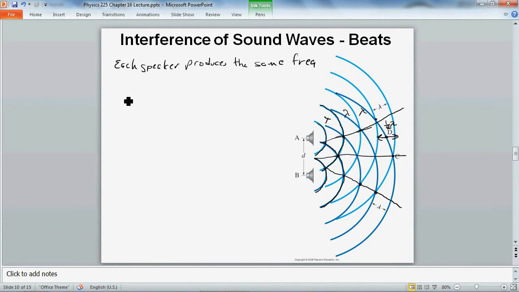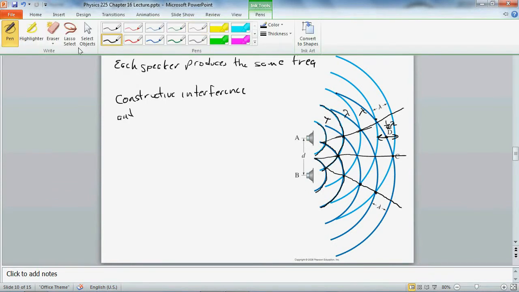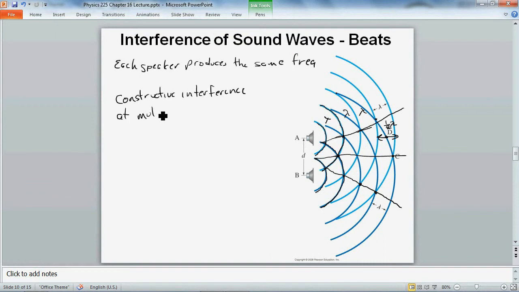So we can say that we have constructive interference at multiples of lambda, and we have destructive interference, well, I have to go multiples of lambda plus 1/2 lambda.